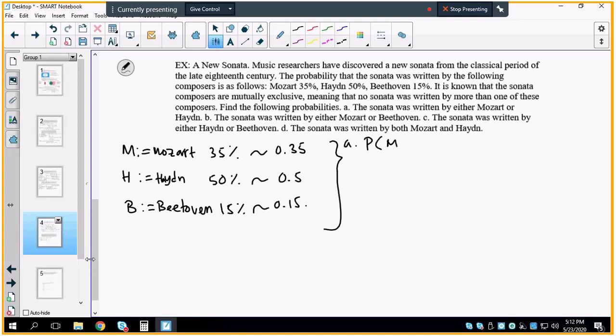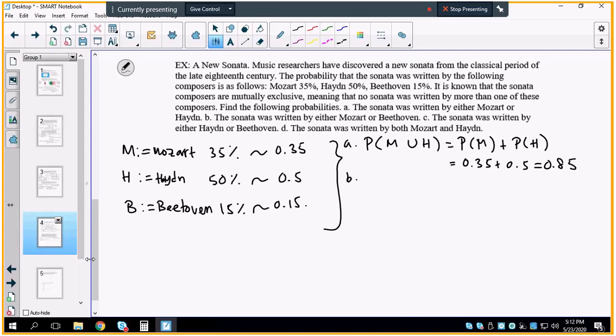Probability of Mozart or Haydn. So I will simply say this is probability of Mozart plus probability of Haydn because the composers have no intersection, they're mutually exclusive. So probability of Mozart is 0.35, probability of Haydn is 0.5, your answer is 0.85.